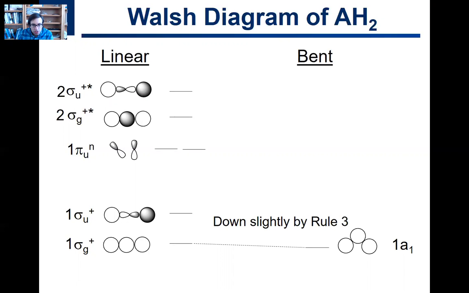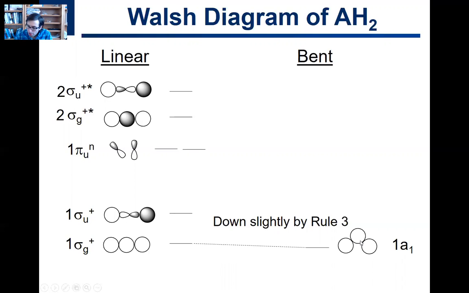All right, so here's our first one. Our first one is this 1σg+ orbital, all these s orbitals in phase to make this molecular orbital. And so what happened here? Well, we have spheres, okay? And so first of all, there's no mixing, that's rule 1. Rule 2 talks about center atom to ligand bonding.